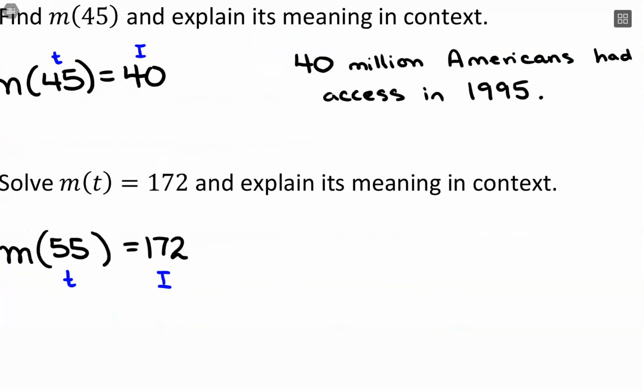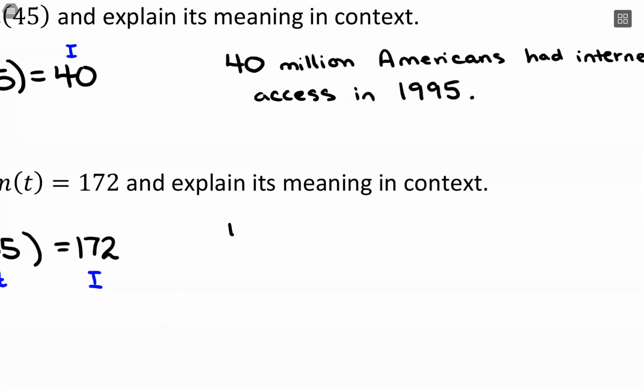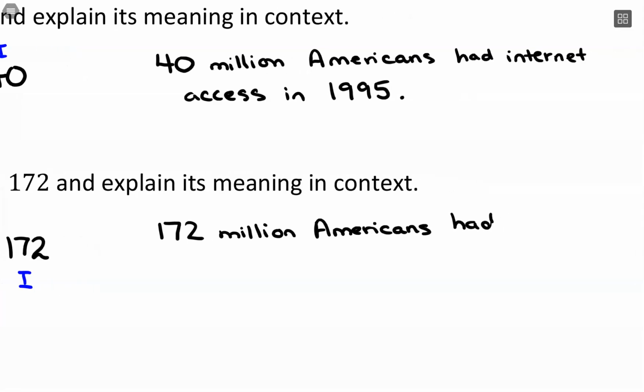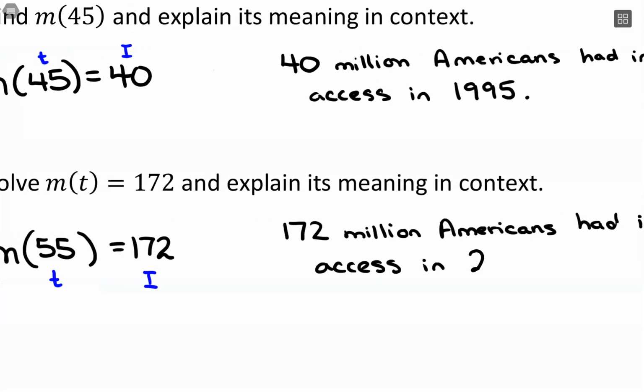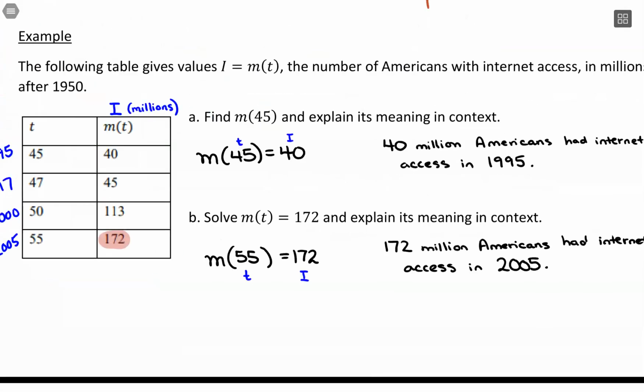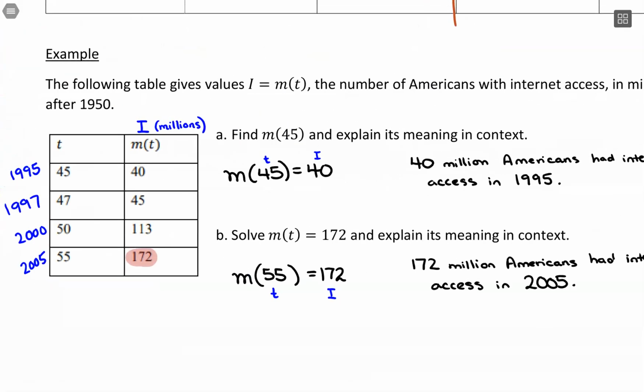I can match my sentence structure up above there. I'll say 172 million Americans had internet access in, and then 55 is the equivalent of 2005. All right, so that's how we read our input and output values for our functions from tables.